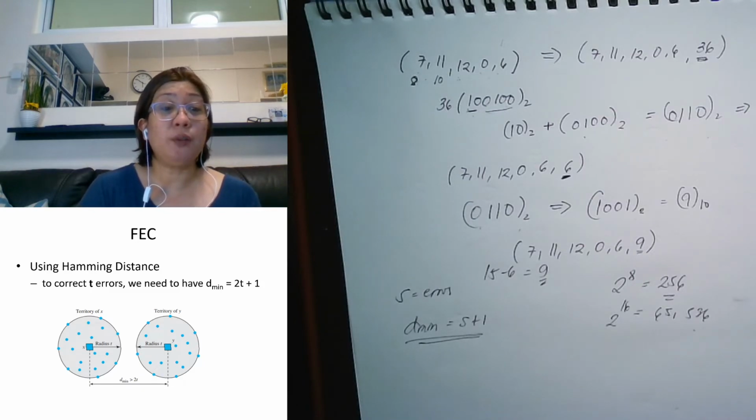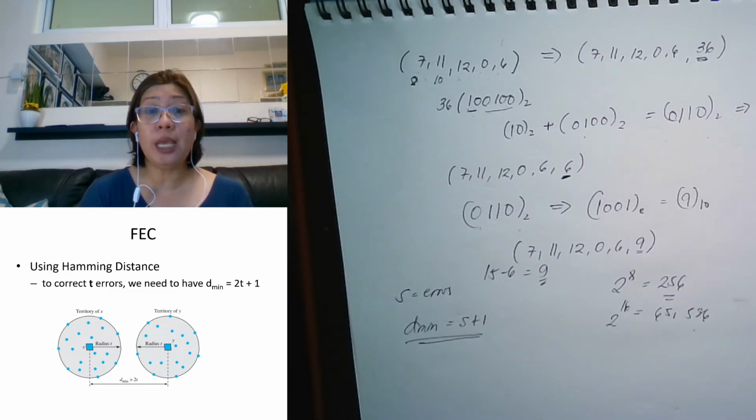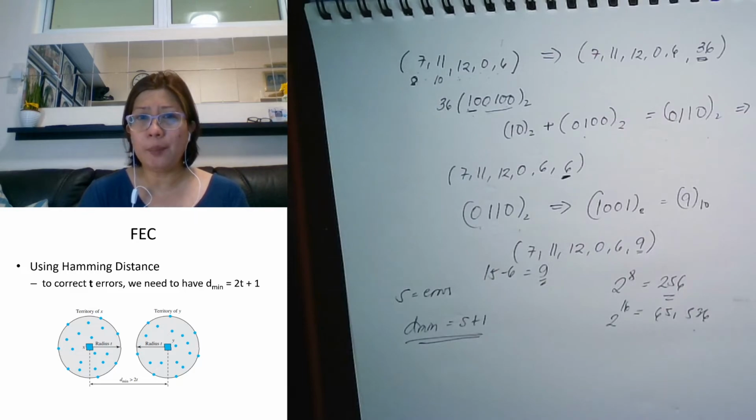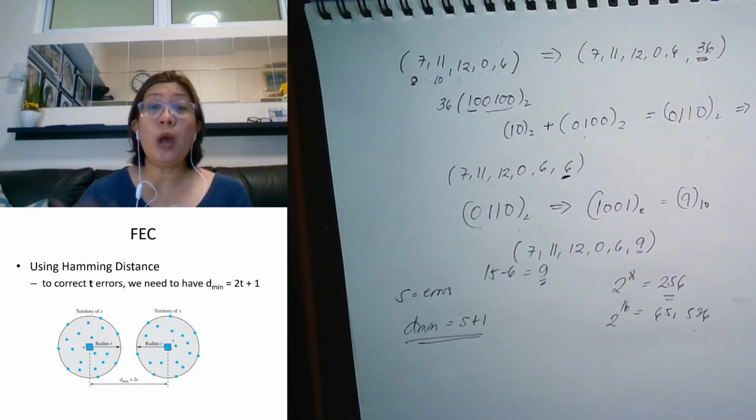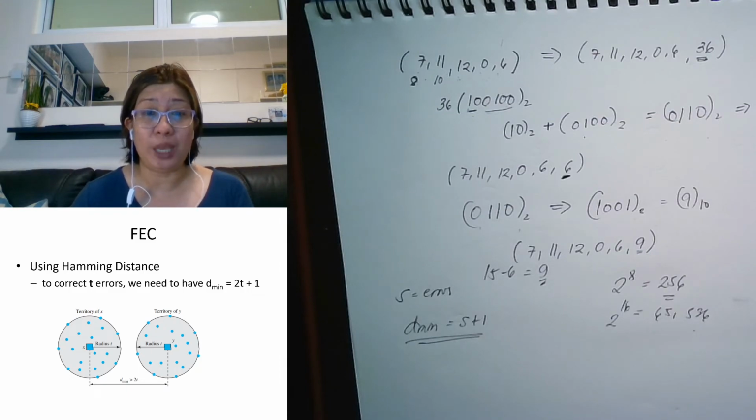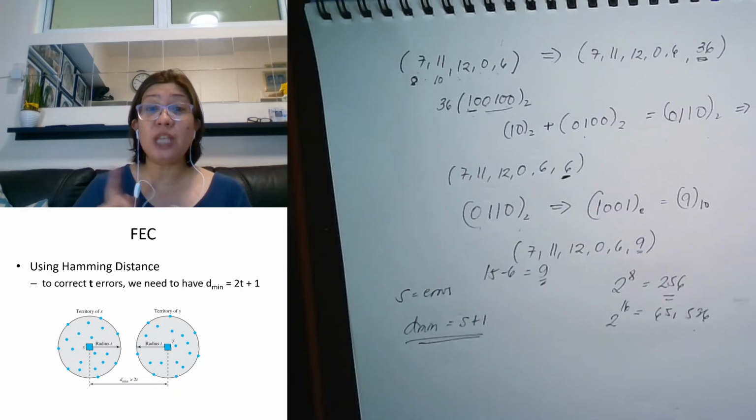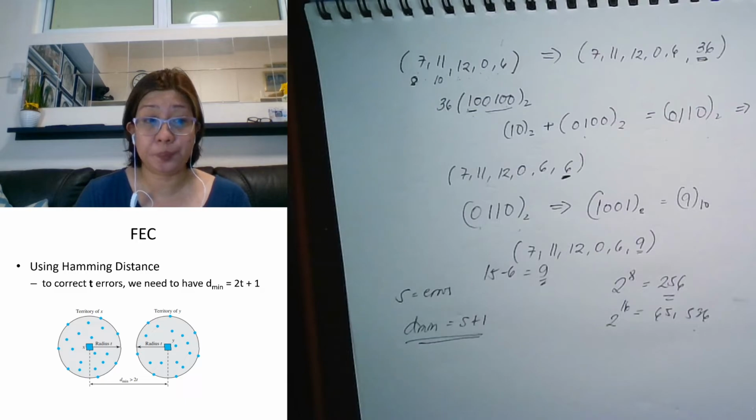It stands for Bose, Chaudhuri, Hocquenghem. In this code, if the data is 99 bits, we need to send 255 bits. Imagine there is an extra 156 bits just to correct 23 possible errors.